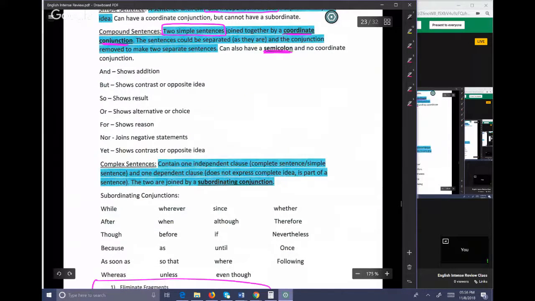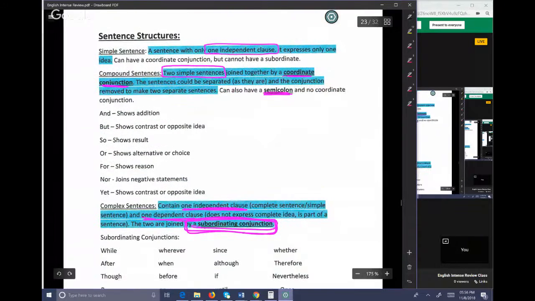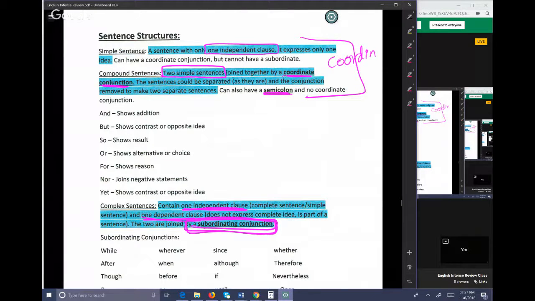A complex has one independent and one dependent, and it stands out like a sore thumb because it has a subordinate conjunction. So these two up here can both have coordinate conjunctions potentially. They can also both not have any conjunction.